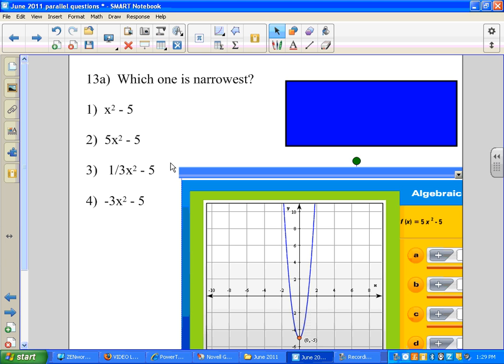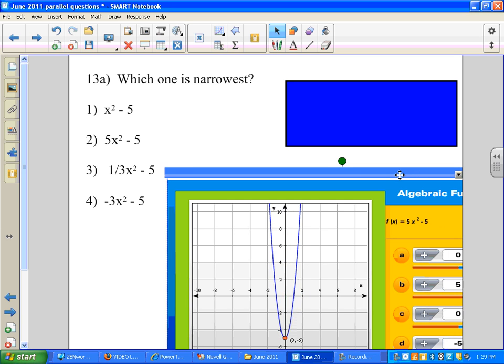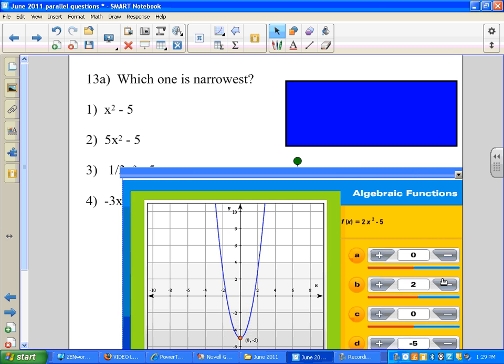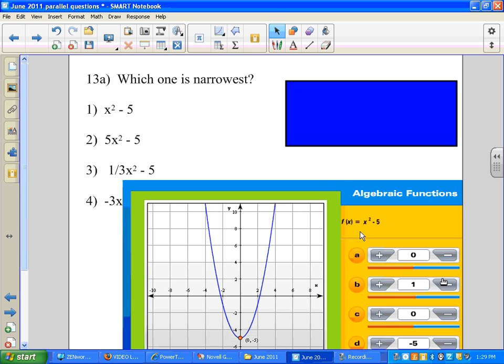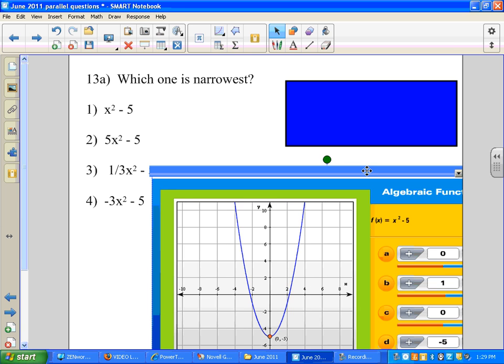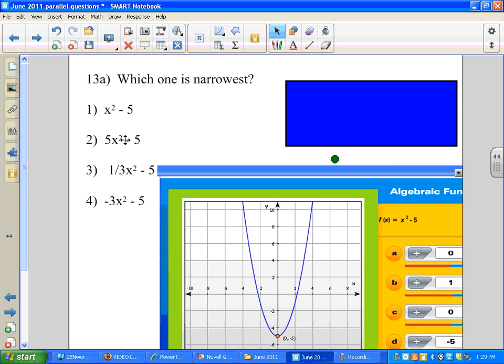Which one is the narrowest? X squared minus 5. Let's bring that down a little bit. So there's x squared minus 5. We can take a look at how wide that is. Then 5x squared minus 5. It got a lot narrower.